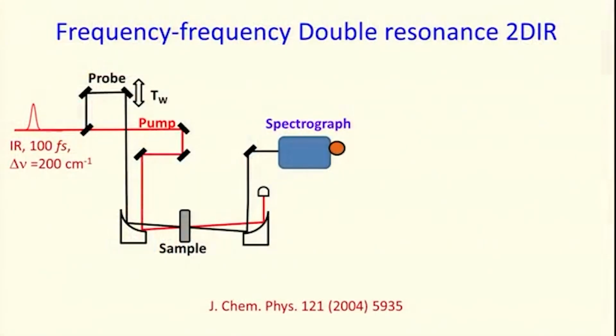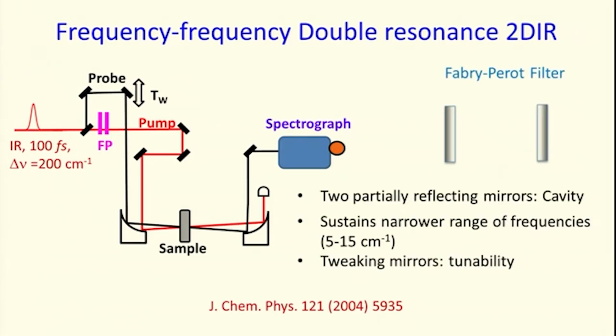We understand that 2D-IR spectroscopy gives us additional information, but we have to do a frequency domain as well as time domain measurement. How do we do it? We will start with the simplest technique, frequency double resonance 2D-IR, and we will learn something about the Fabry-Perot filter, and then we will move on to a little more complicated technique. So in the next module we are going to discuss techniques of 2D-IR spectroscopy.